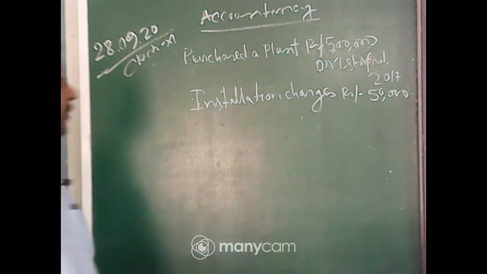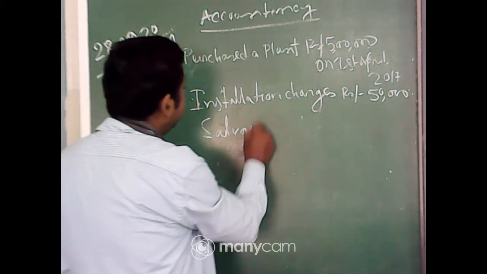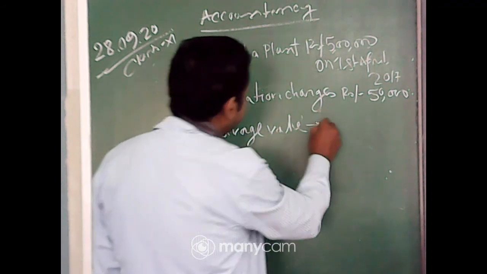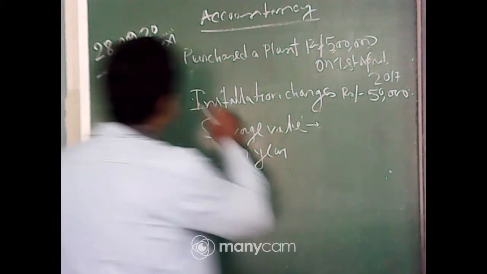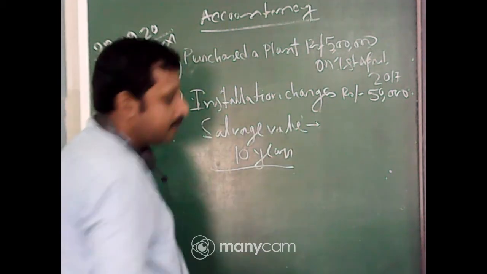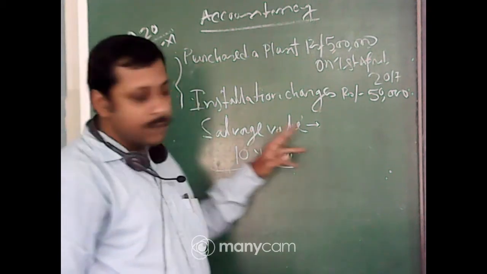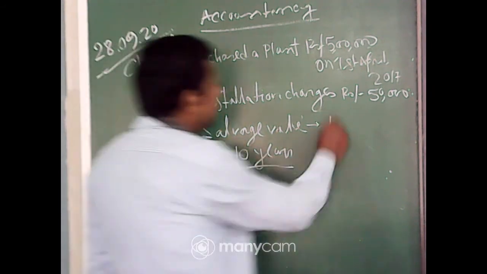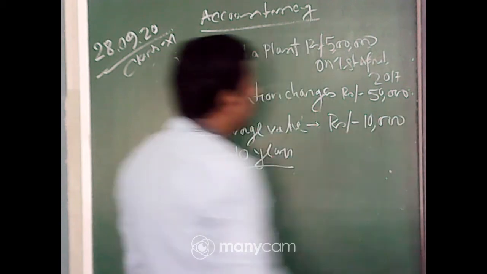Salvage value means residual value, and the total life of the machine is 10 years. They are estimating the machine's life is 10 years, and after 10 years they will sell the machine for rupees 10,000, and that is called salvage value or residual value.